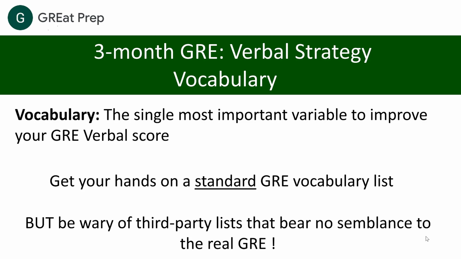Well, the only way to tell is for you to go through the official GRE ETS material and compare the kind of words that you see both in the questions as well as the answer choices of the official ETS prep material, and compare them with the vocabulary list that you find online. I would like to say that there are at least a few providers that have a very good vocabulary list, and you should definitely, as a first pass, go through the entire vocabulary list.